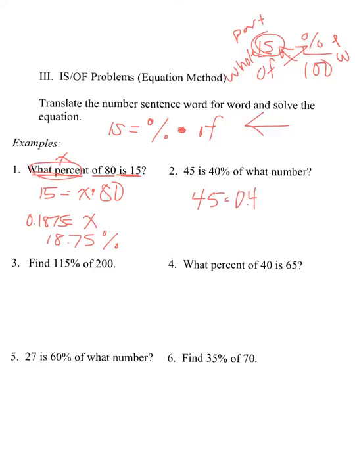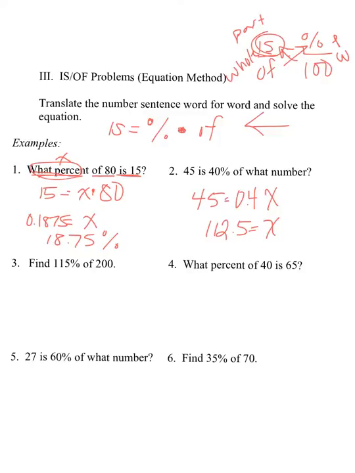You cannot compute it as 40. It has to be in its decimal form. So 45 is 0.4 times x. It's part of the whole. Okay, so then we would divide by 0.4, and you're going to get 112.5 equals x. So x is 112.5. So 45 is 40% of 112.5.